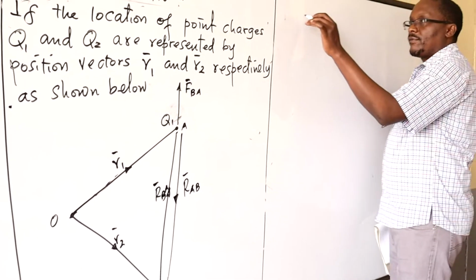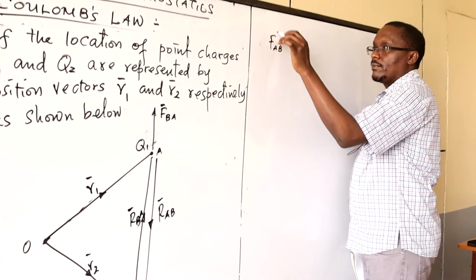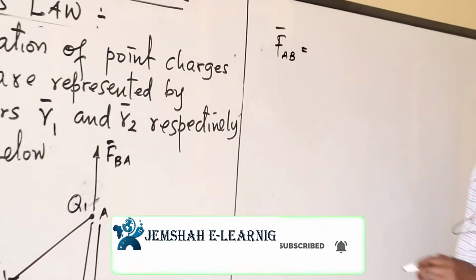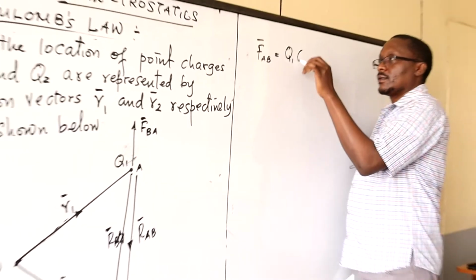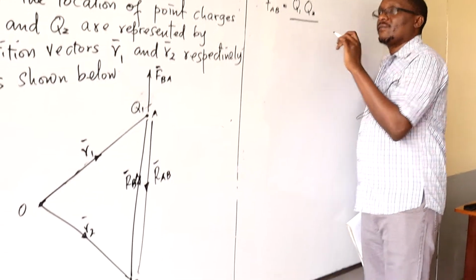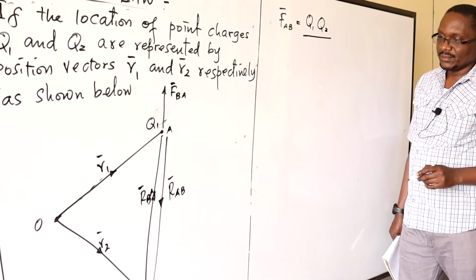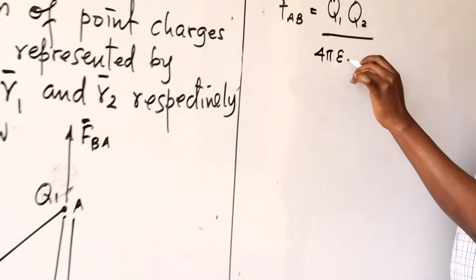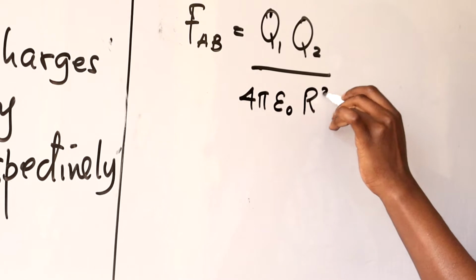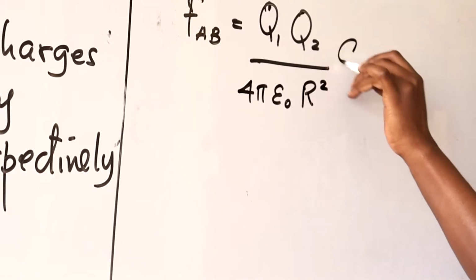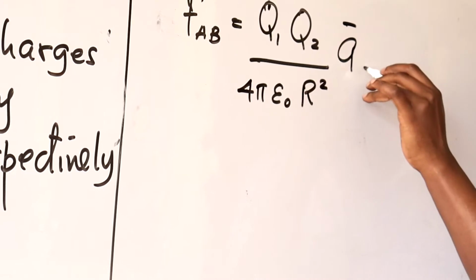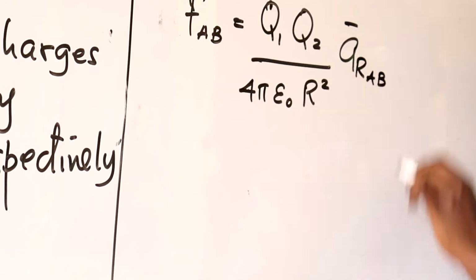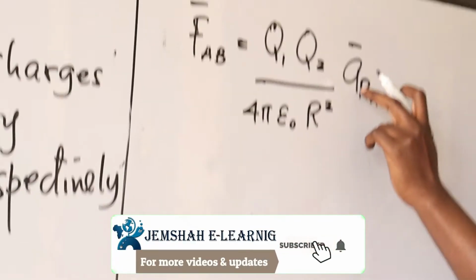So we can say F_AB bar will be represented as Q1 Q2 all over 4 pi epsilon naught R squared, unit vector a bar R_AB, like so. We have that as our vector.